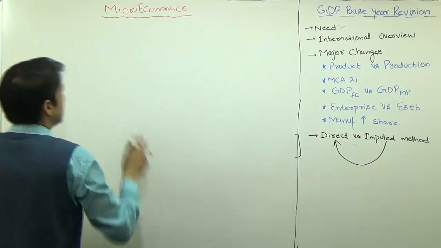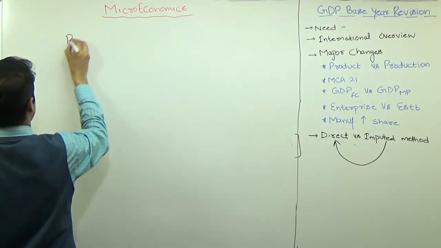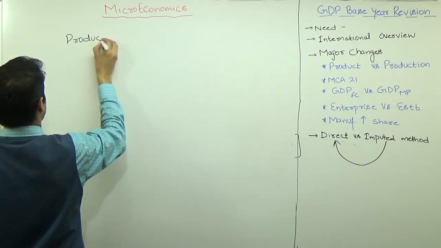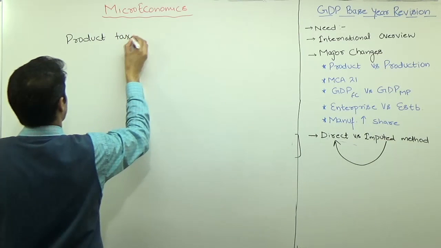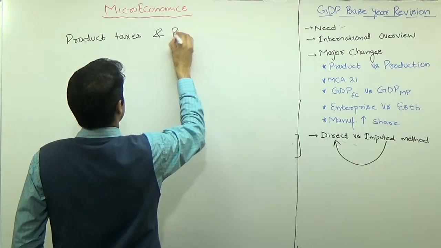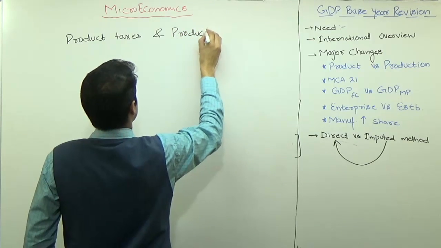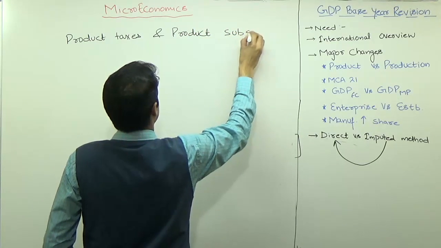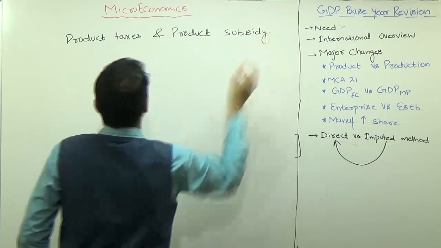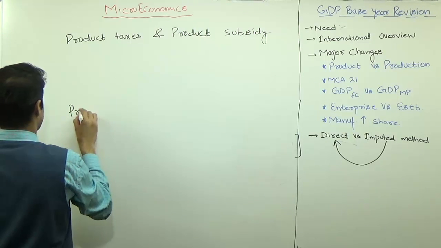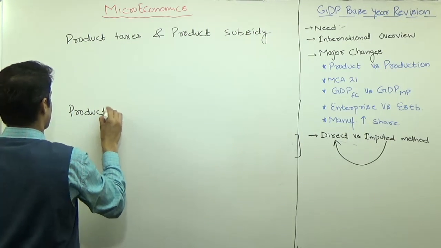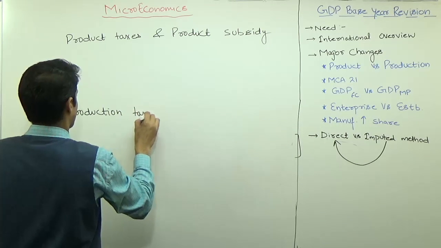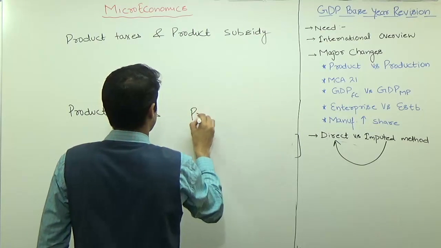So earlier we had product taxes and product subsidy. Then we have production taxes and production subsidy.